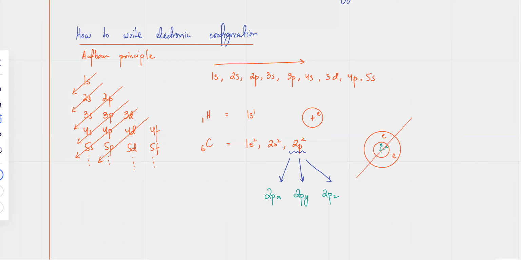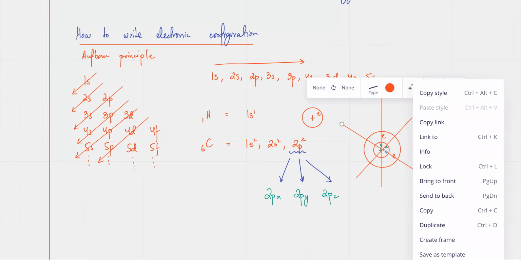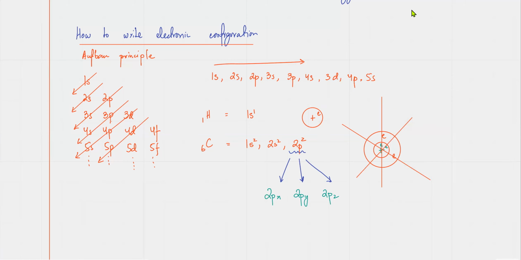That's our x-axis, that's our y-axis, and let's say this over here is our z-axis. So I've got these x, y, and z axes.